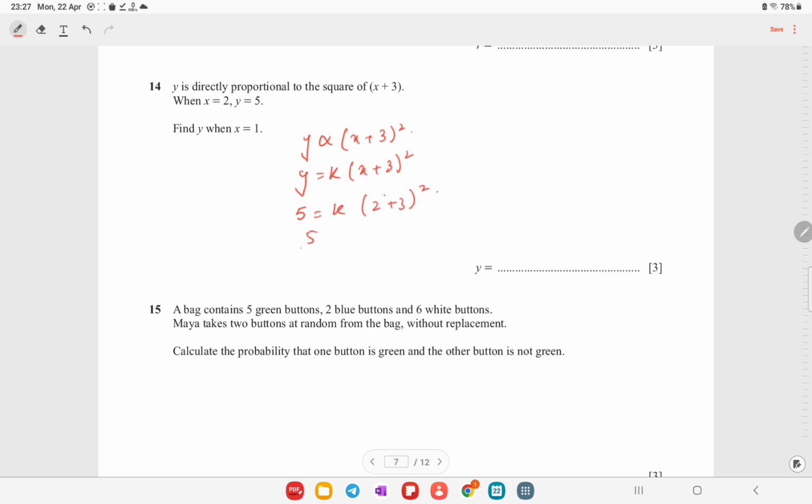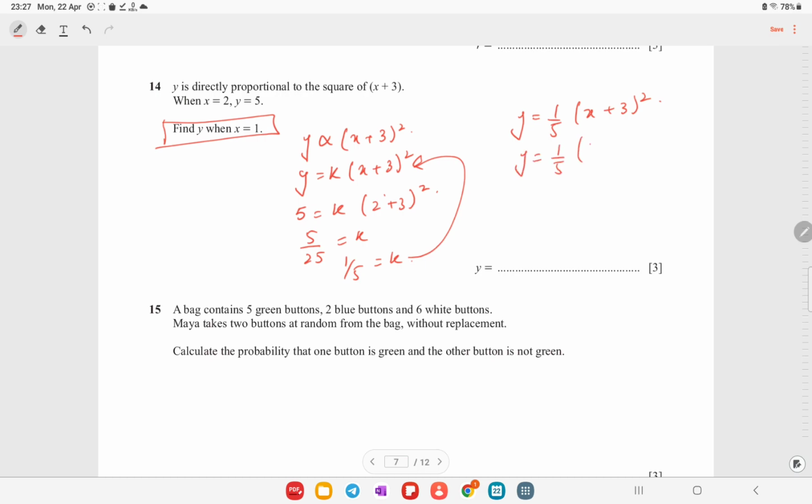So this is going to be 5 equals 25k, so k is equal to 1/5. Now putting back the value of k in this equation, y equals 1/5 times (x + 3) squared. So now we have to find out y when x is equal to 1.